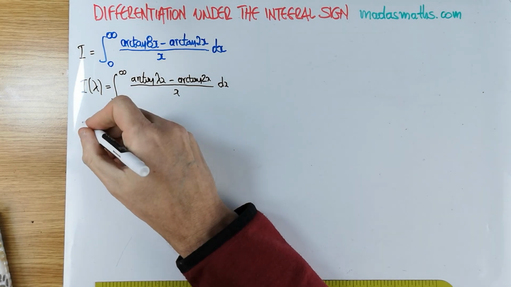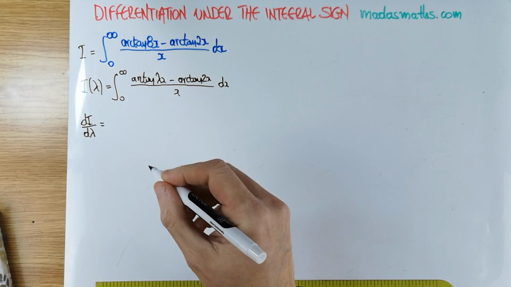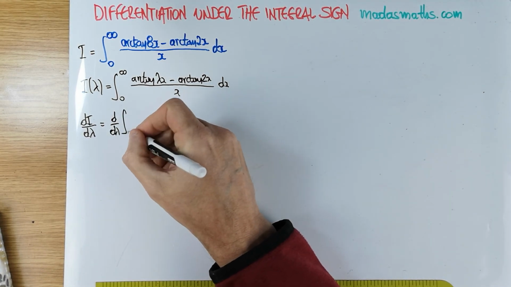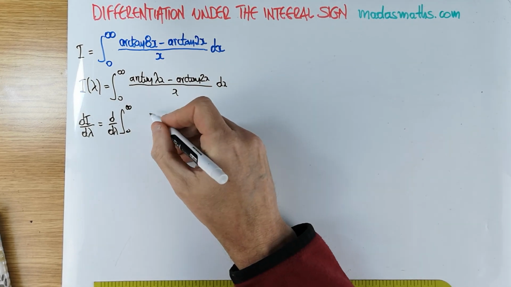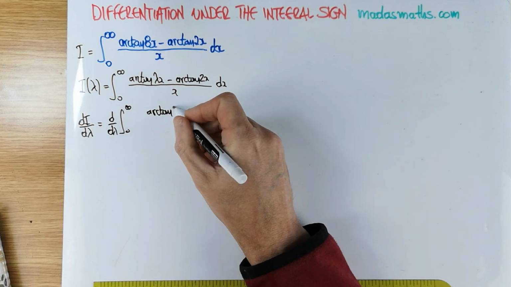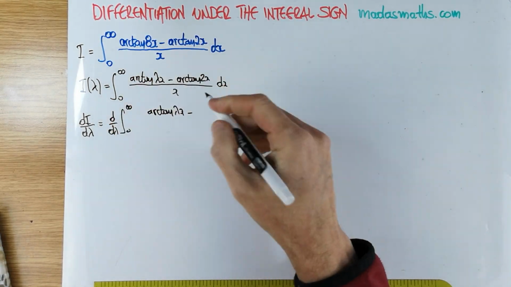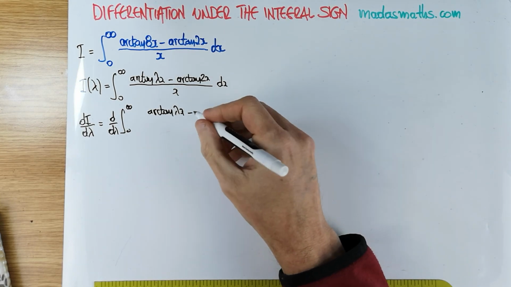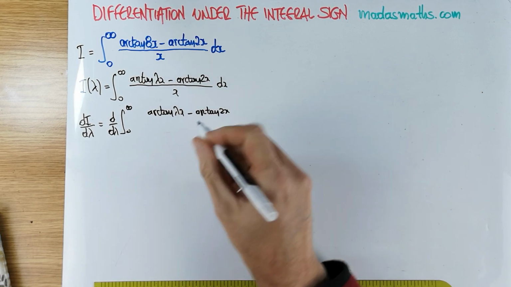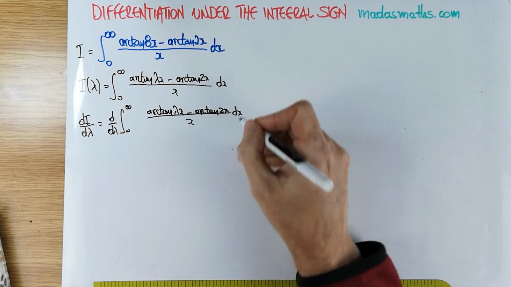So we're going to have dI by d lambda is equal to d by d lambda of the integral. I'm going to leave a bit of space so I save myself a line, rather than rewriting it on the next line. I'm just going to move that inside the integral: arctan of lambda x minus arctan of 2x over x dx.